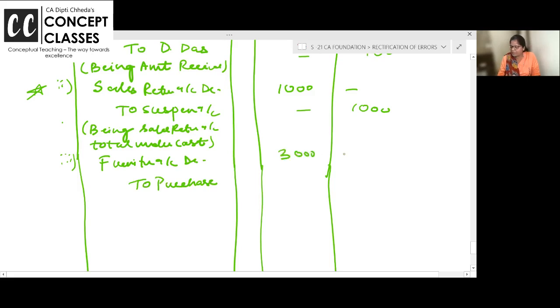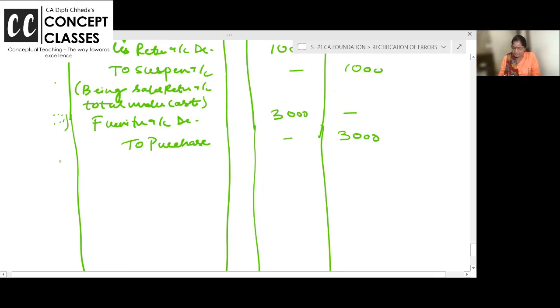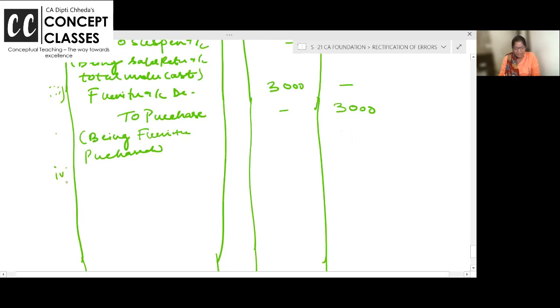Furniture account debit 3000, purchase account credit 3000. See, when you buy furniture, it is a real account. It's an asset. All this should go into your mind again and again. Being furniture purchase. By mistake, you recorded it in purchase. This is not purchase of goods, okay?